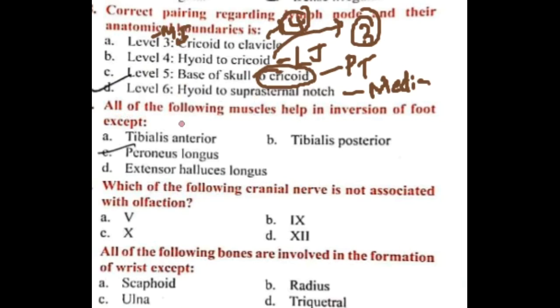In the next question, all of the following muscles help in inversion of foot except. So inversion of foot and eversion of foot. First we will see the muscles involved in each.